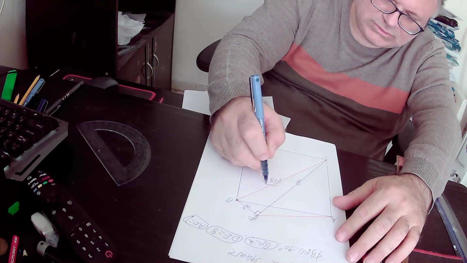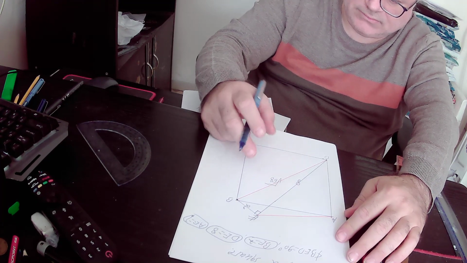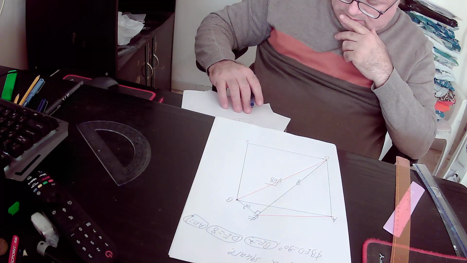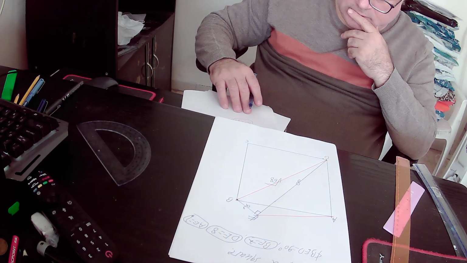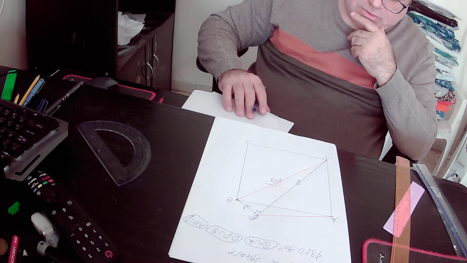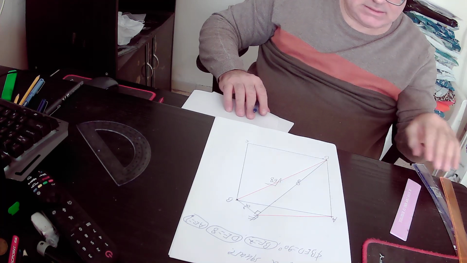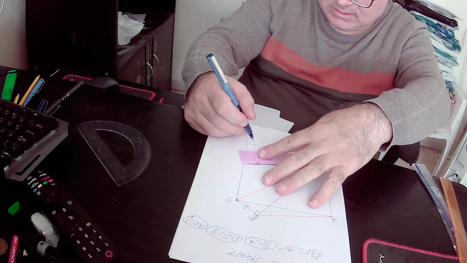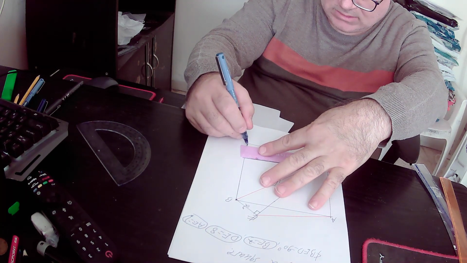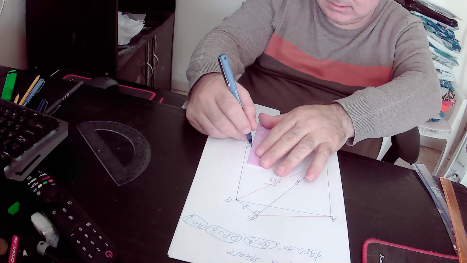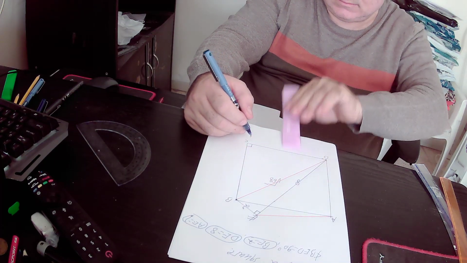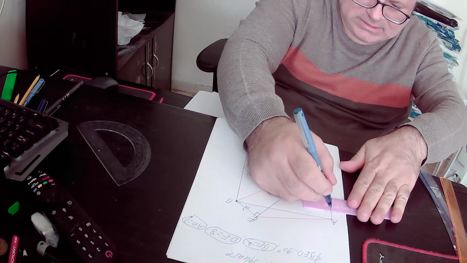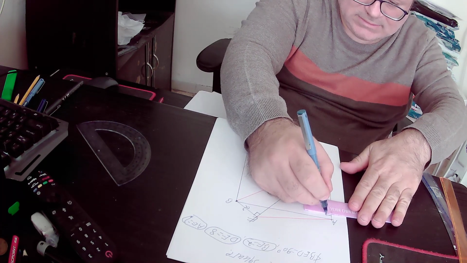BD is also the diagonal of square ABCD. In the next step, we also know that all the angles inside the square are right angles, therefore angle BCD is a right angle, it equals 90 degrees. And angle BAD also is a right angle, it equals 90 degrees.